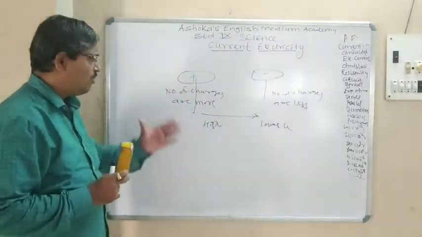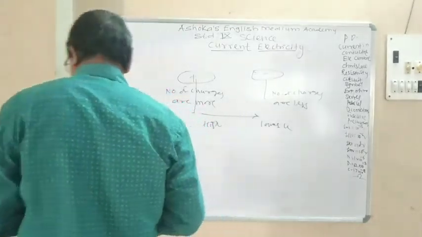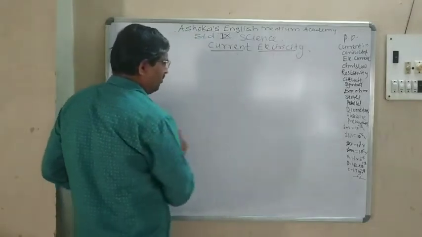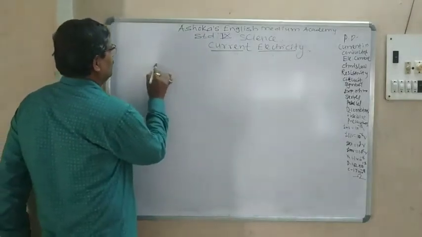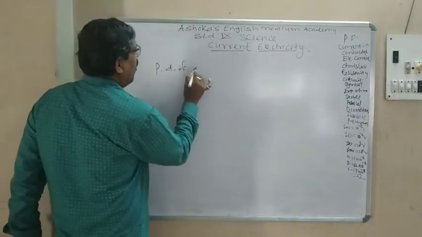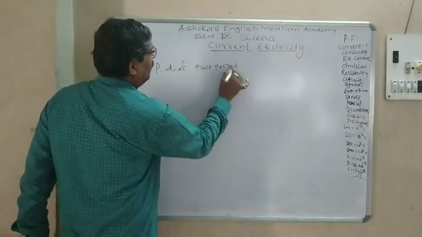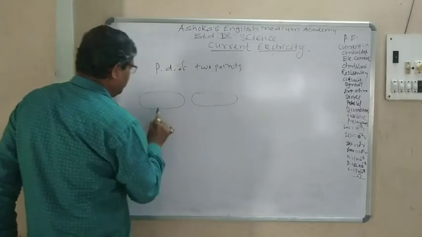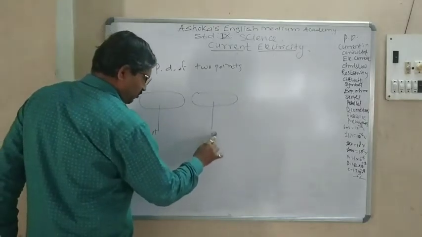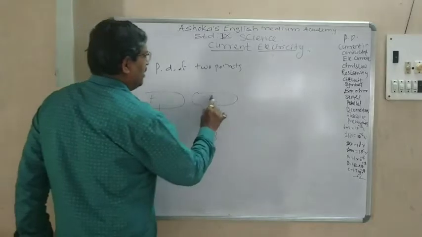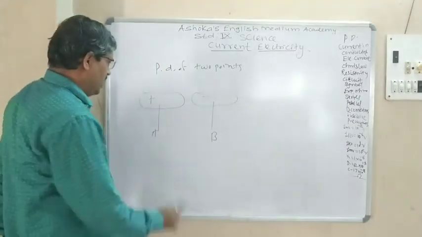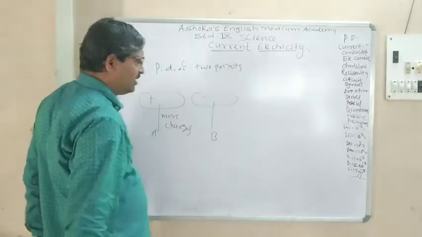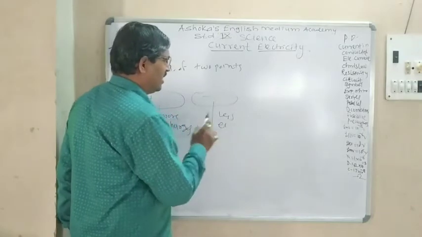Understand? Now we are going to study what is meant by potential difference. I have told you about potential difference, but once again I am going to tell you the definition of potential difference of 2 points. Here this is one point, point A, and this is point B. This is the positive terminal, this is the negative terminal. Here there are more electrical charges, and here less electrical charges.